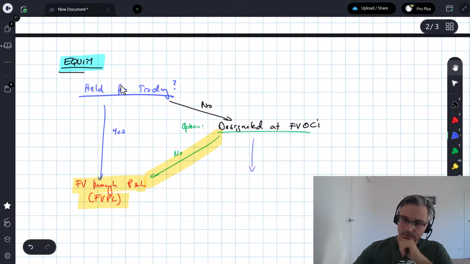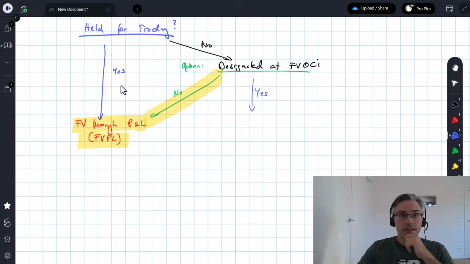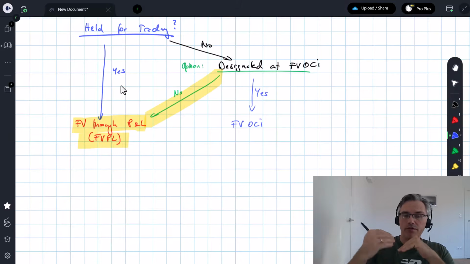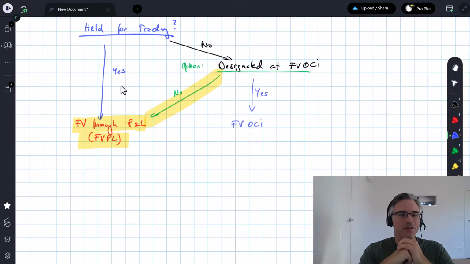However, if you want to, this is a choice, you can answer yes to this question, in which case the instrument will be accounted at fair value, but with all changes in value going to your other comprehensive income, which means bypassing your P&L. Take a look at that video, which I mentioned already twice. You'll see what that means. Although that video has examples which are debt specific, the same principle applies to equity as well.